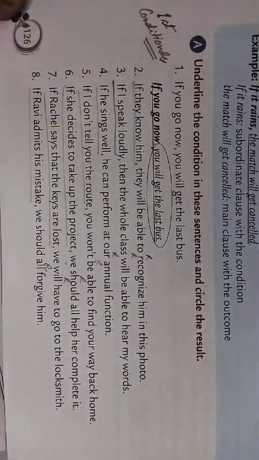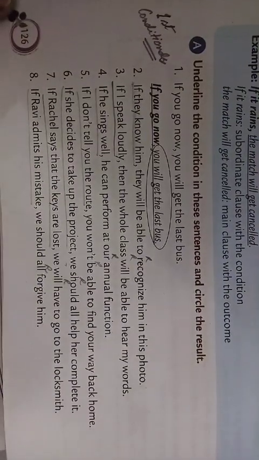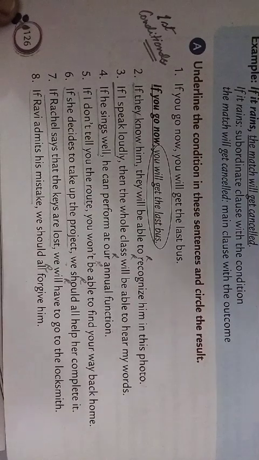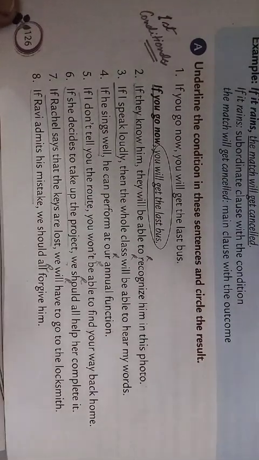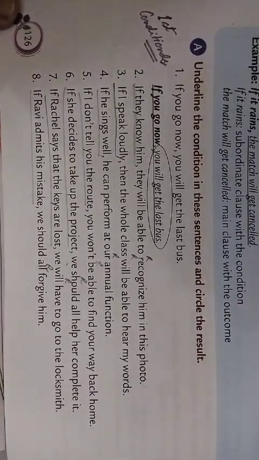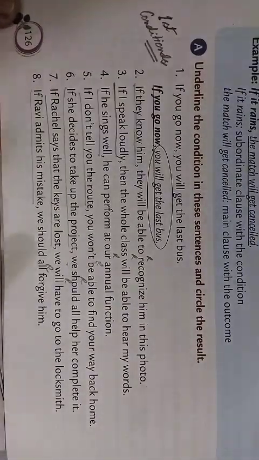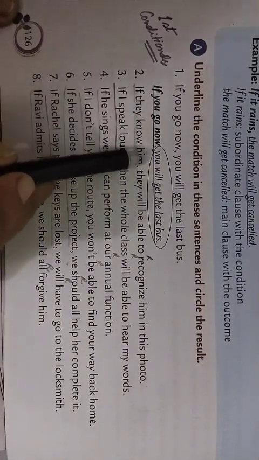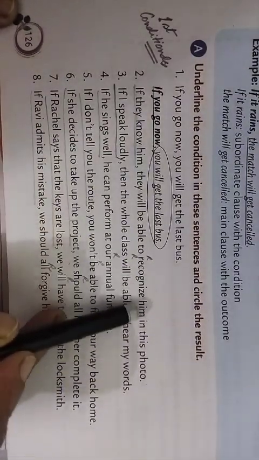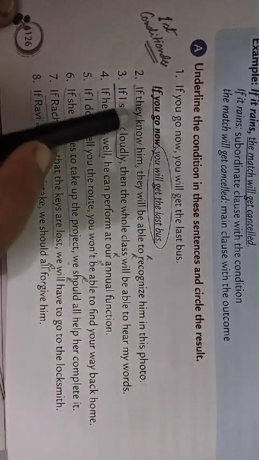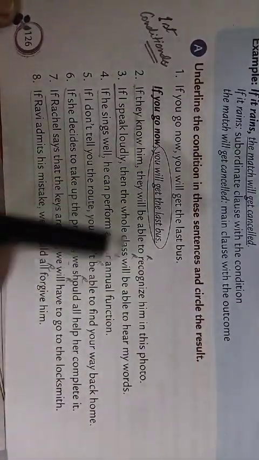Now let us do this first exercise that is on page 126. Exercise A. Underline the condition in these sentences and circle the result. You may just mark it as C and R. C means condition and R means the result. Okay, let's go through it. Second one. If they know him, they will be able to recognize him in the photos. It's very easy. How?